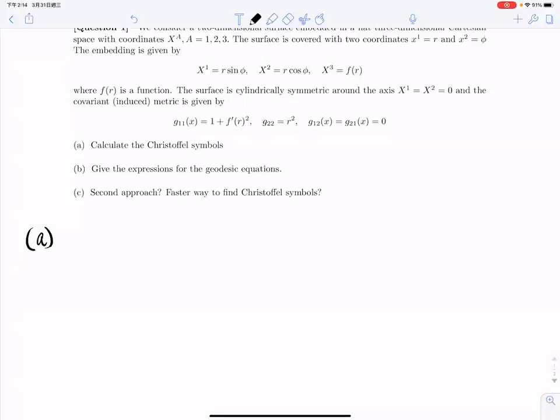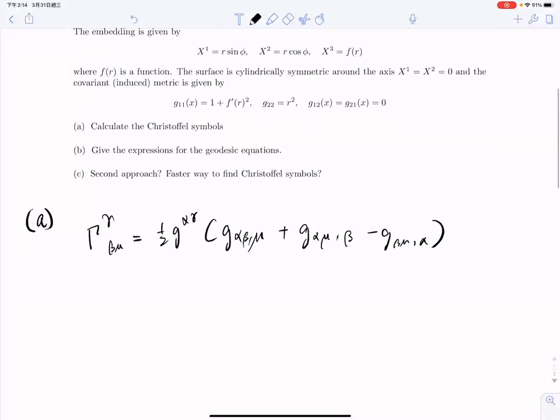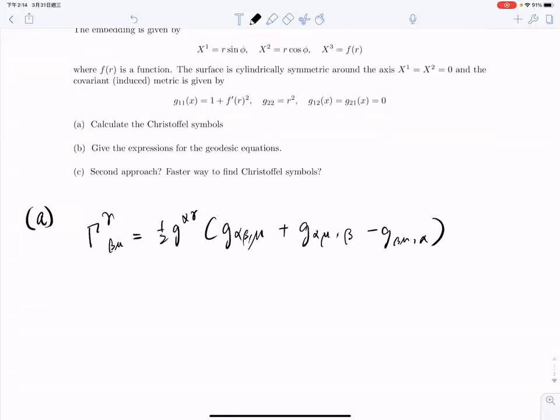To calculate the Christoffel symbol, we adopt this equation, which is composed of derivatives of the metric and also the inverse of the metric. What is the inverse of our metric tensor? For our tensor, we write down the normal form, and the non-diagonal terms are equal to 0.